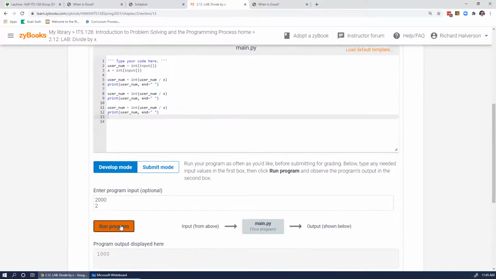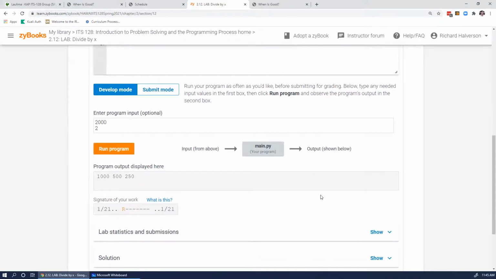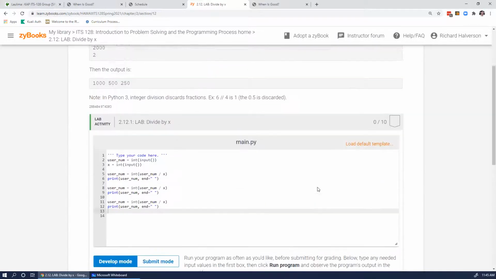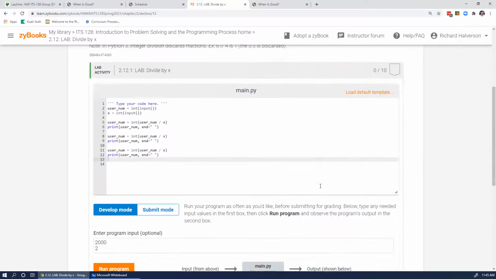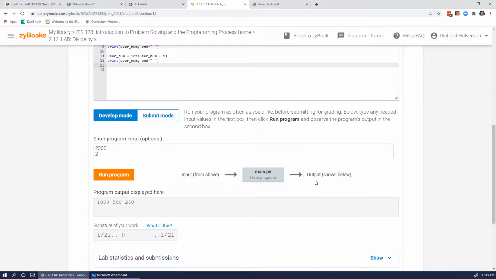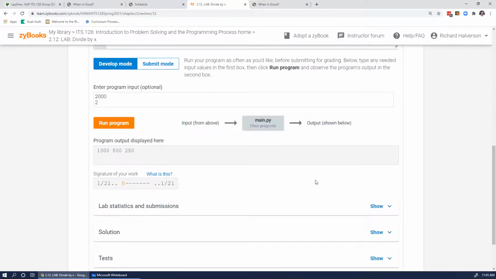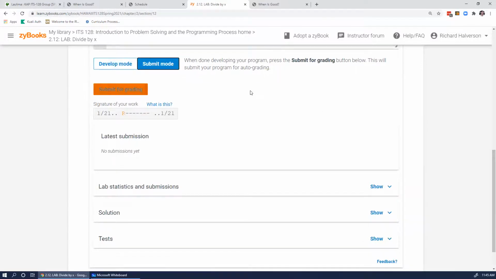How does that work? Whoa. All right, so the way you submit now is you click submit mode, and then you click submit for grading.